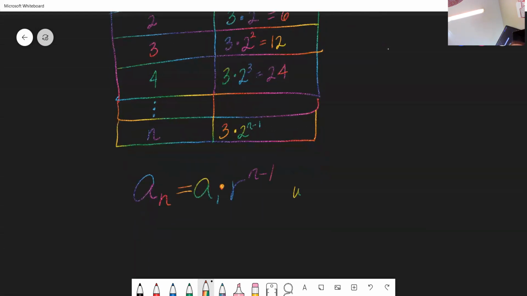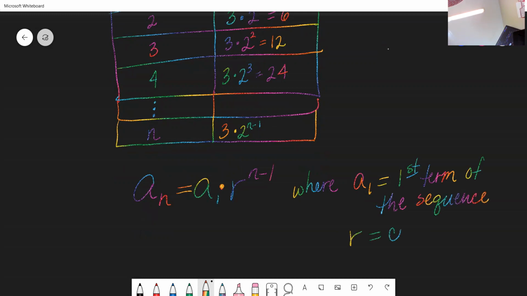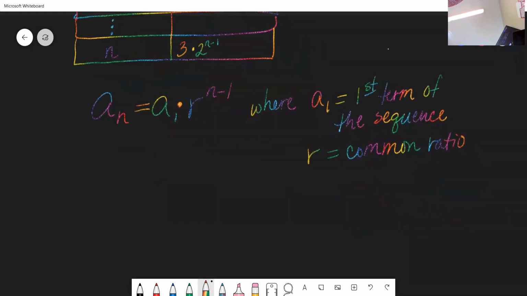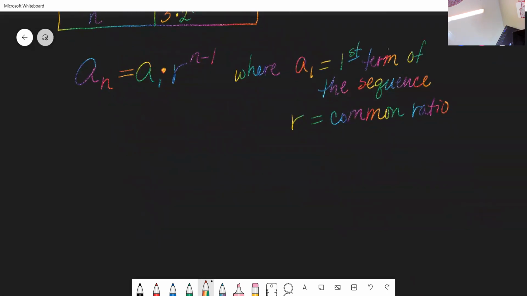Where A1 equals the first term of the sequence and R equals the common ratio. All right, that's what we're looking at in the middle of page 160.